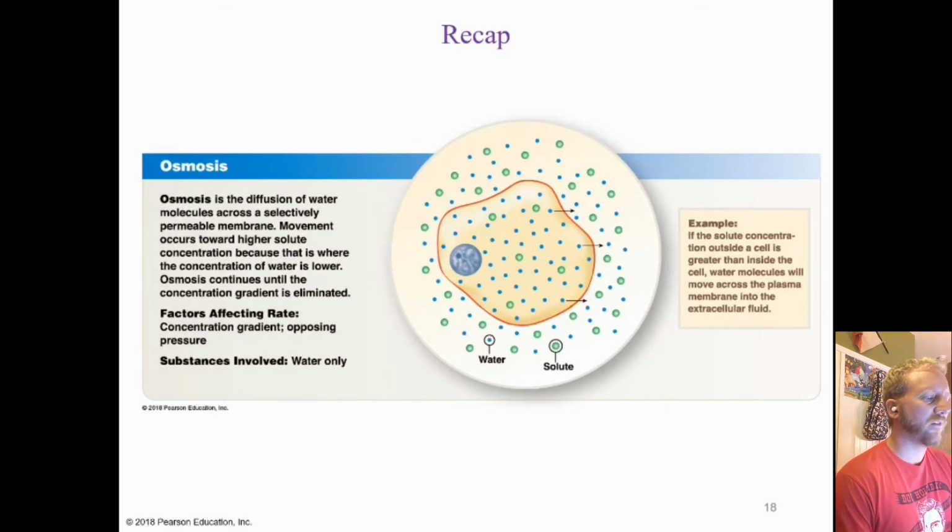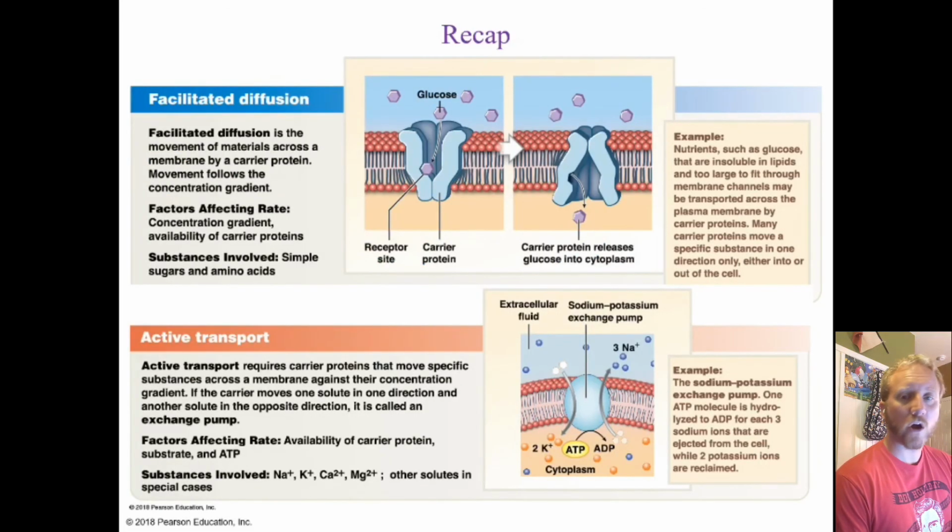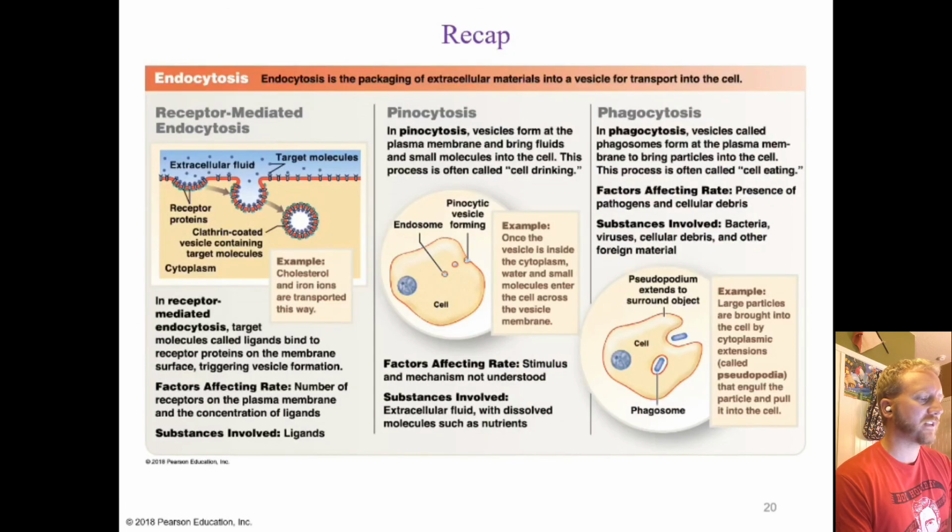Osmosis is the movement of water across a selectively permeable membrane to try to balance solute concentration, right? And only water is moving. Facilitated diffusion is using proteins to help move stuff. Active transport is using energy. Endocytosis is bringing stuff into the cell.